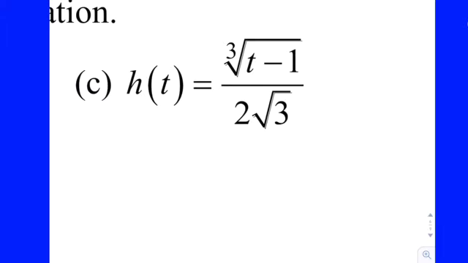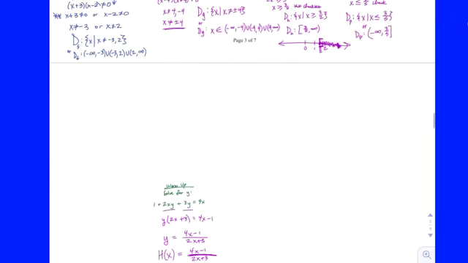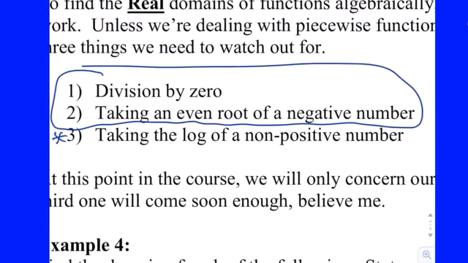And on the top, we have a cube root. We haven't seen a cube root yet, right? If you go back to our domain, way back up here, when we're talking about what we're looking for, we know that we cannot take a what type of root? Even root of a negative number. But what about odd roots, like cube roots? We can, right? The cube root of -8 is -2.